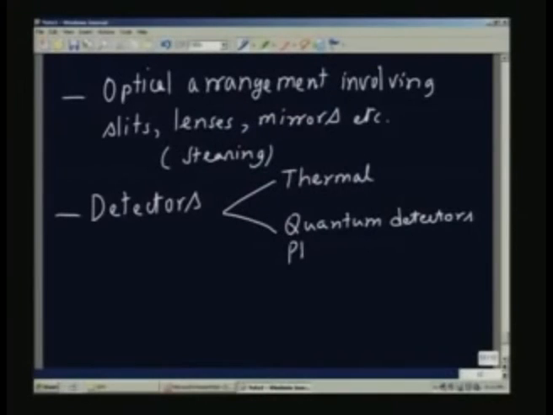Photoresistive means that the resistance of an element will change when photons impinge on it. Photovoltaic means voltage will be generated when photons fall on the detector. Or it may be a photomultiplier, where electrons are ejected and accelerated using electrical fields, and they impinge on secondary electrodes and multiply the number of electrons, and therefore it is called a photomultiplier.